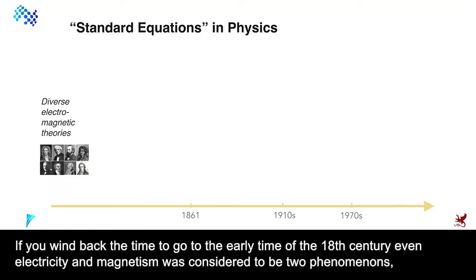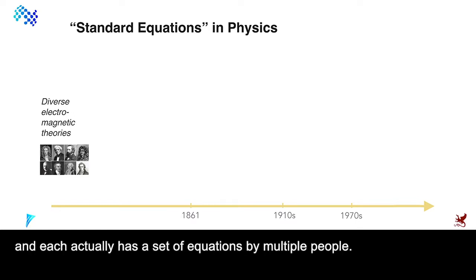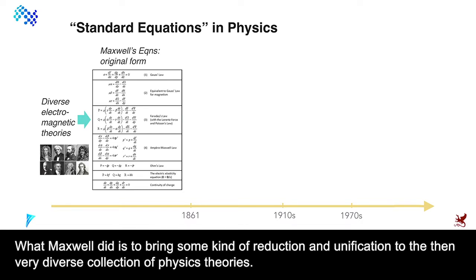If you wind back the time to the early time of the 18th century, even electricity and magnetism were considered to be two phenomena, and each actually has a set of equations by multiple people. What Maxwell did is to bring some kind of a reduction and a unification to the then very diverse collection of physics theories.